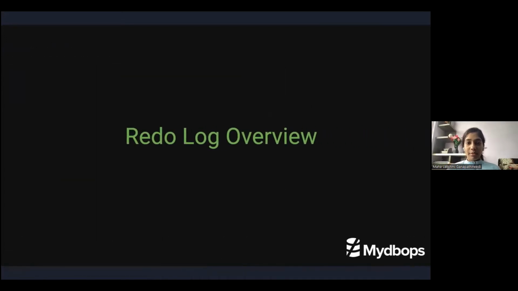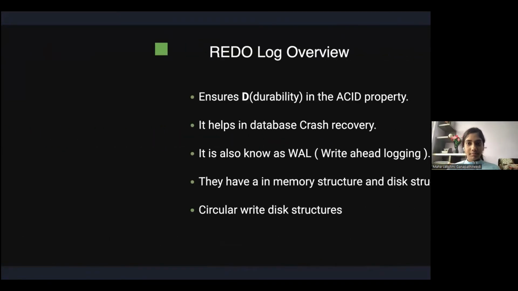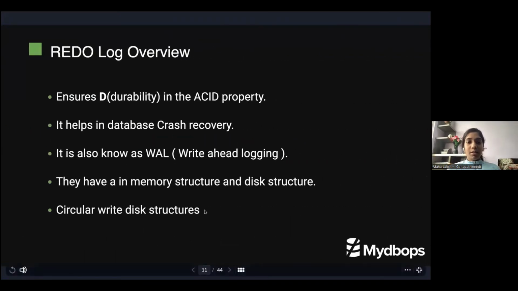Let's see the overview of the redo log. The redo log contains all the committed and uncommitted transactions. So when a crash happens in the database, we can use these logs to recover the data. It's also known as write-ahead logging. Before the doublewrite buffer and before the buffer pool writes data to the data files, the log buffer writes data to the redo files, so it is a write ahead.